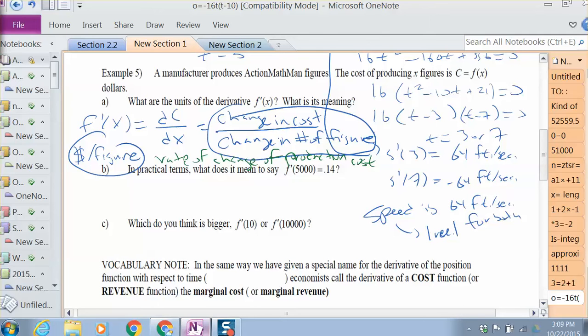Kind of another way of looking at it. Now let's look at part B. What does it mean to say that?